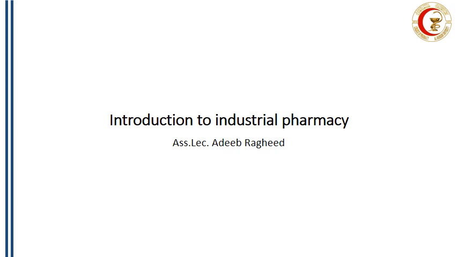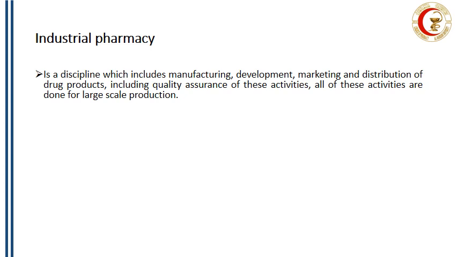This course will focus mainly on the initial steps required for the large-scale production of medicinal products. Now let's define industrial pharmacy. This science or discipline deals with manufacturing, development, marketing, and distribution of drug products.